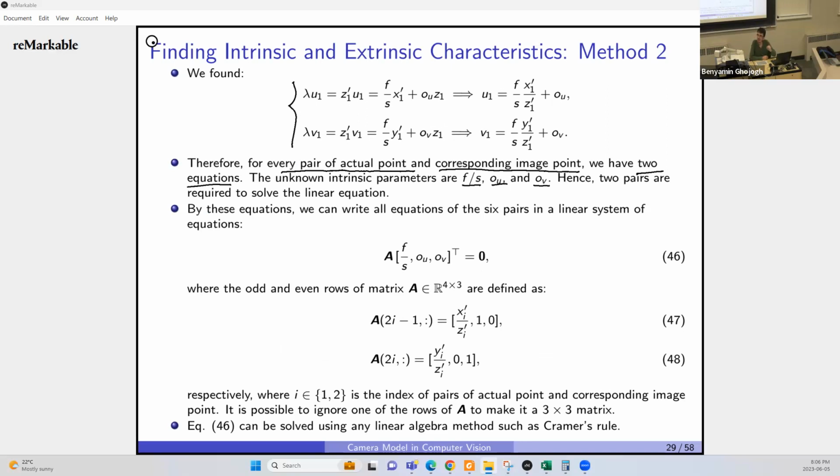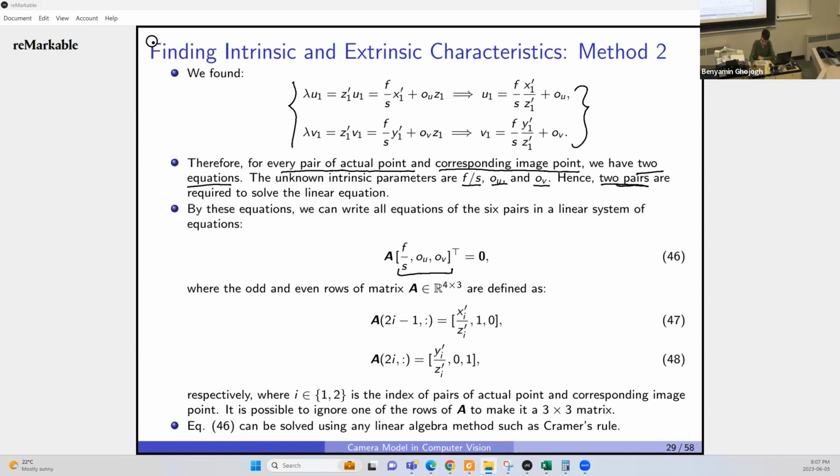So only three unknowns we have: F over S, OU, and OV. Therefore, how many pairs do we need? I think we need only two pairs. Two pairs are enough because every pair gives us two equations, and we have three unknowns.